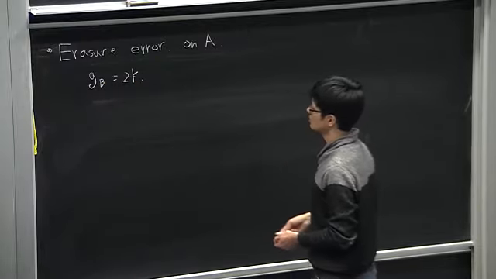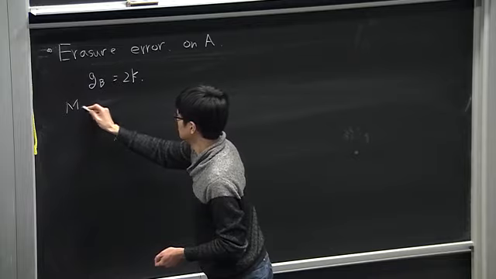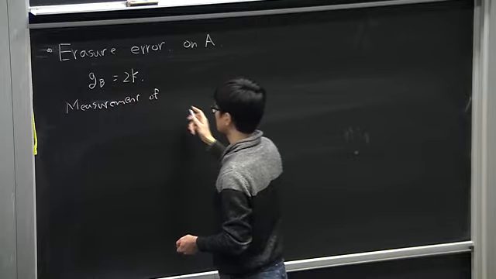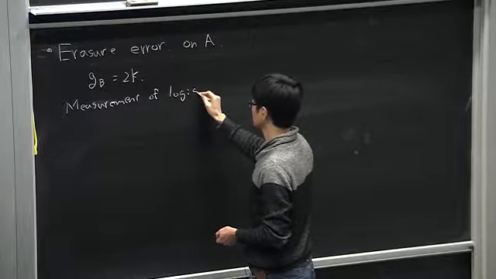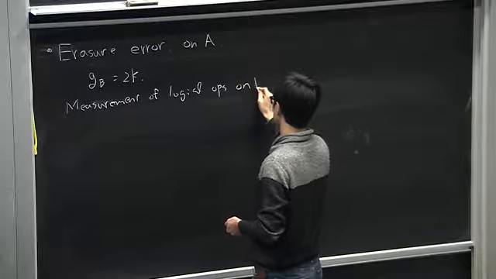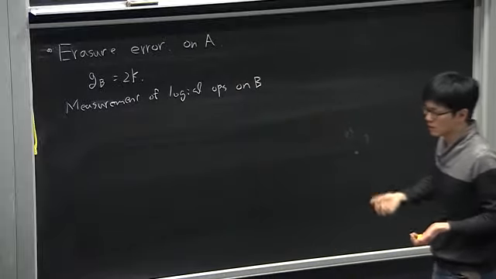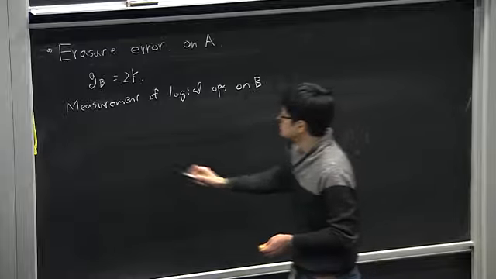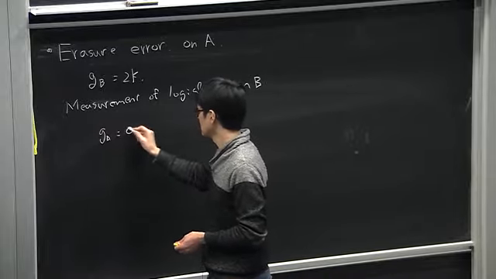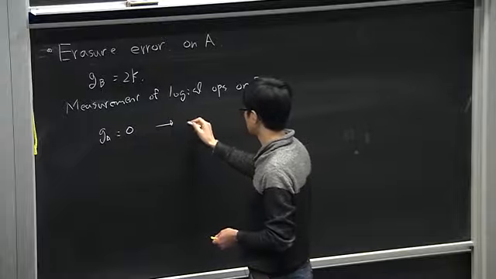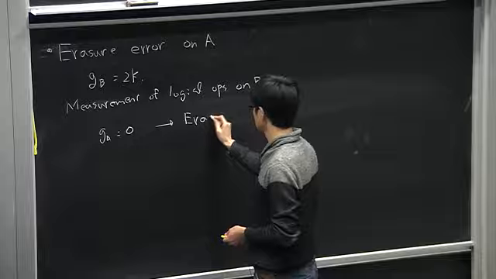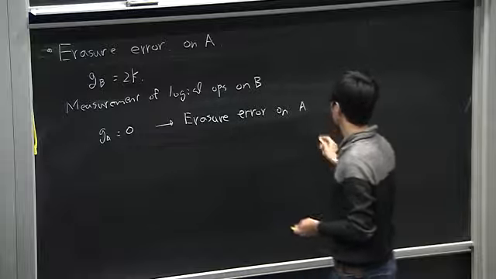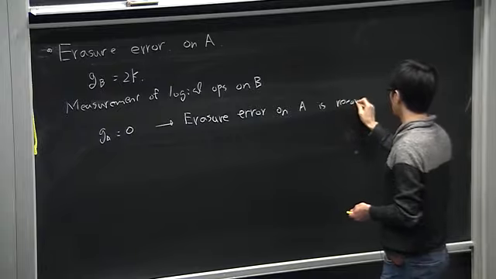This means that by measuring some representation of logical operators, I will be able to recover the information, right? This means that GA equals 0 means that the information is recoverable.